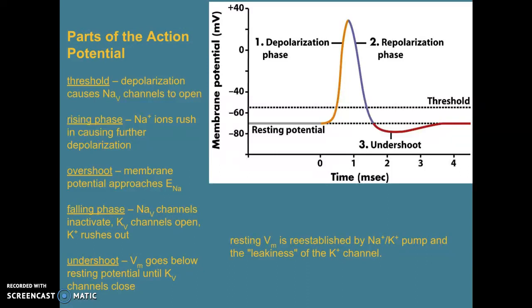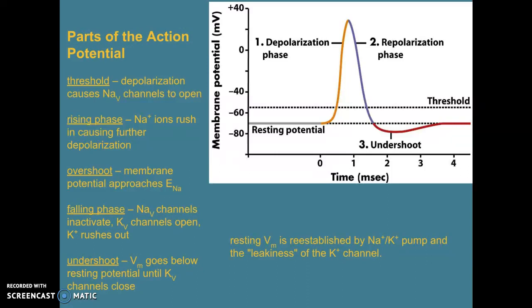And that repolarization actually goes too far and undershoots the resting membrane potential, because it's moving toward the equilibrium potential for potassium. The equilibrium potential for potassium is a -90.